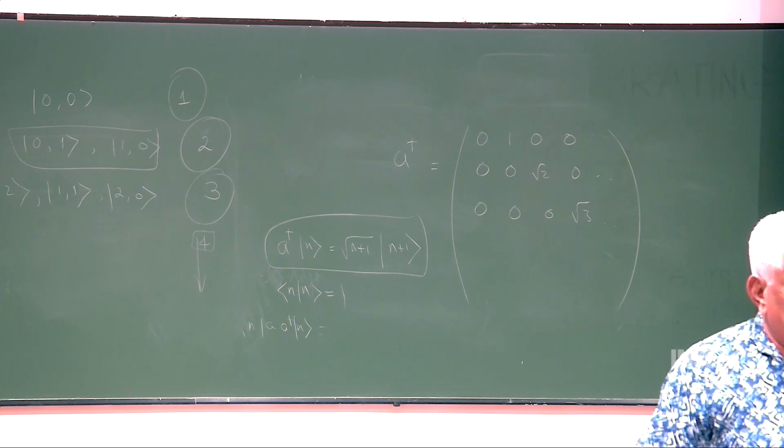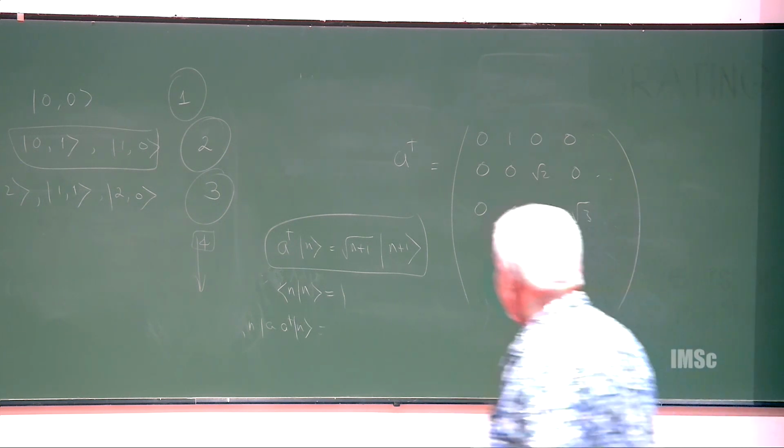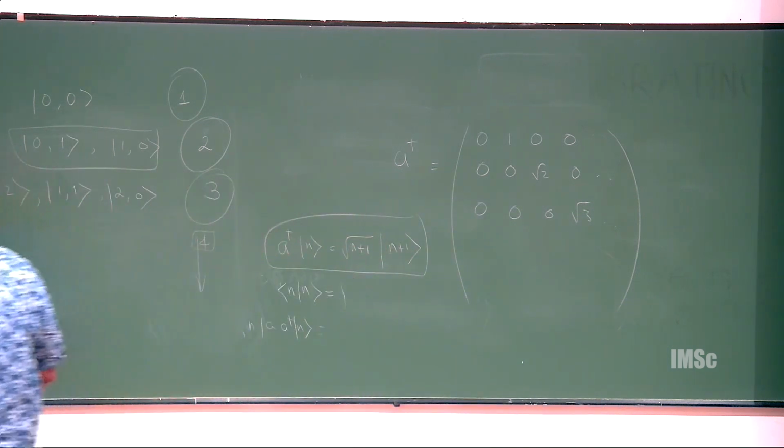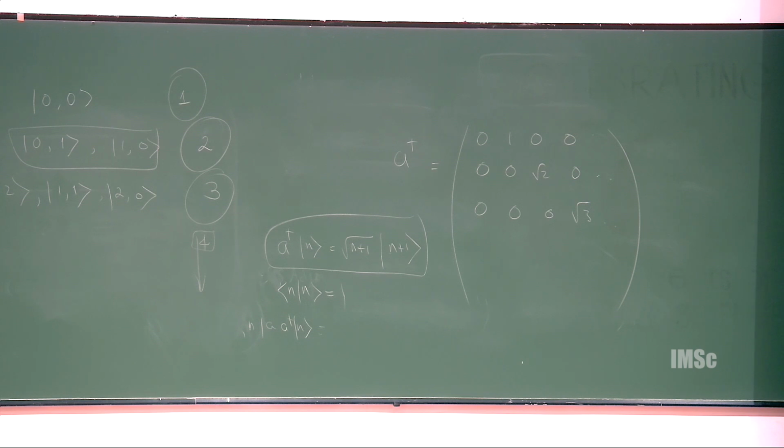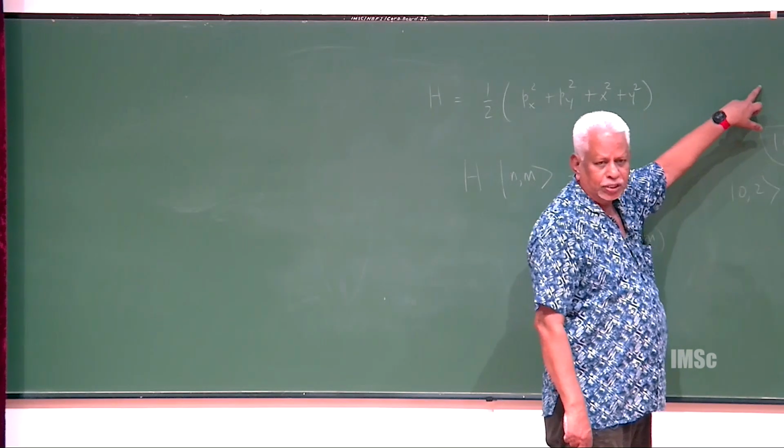In fact, if I tell you, you take this n, you take this m, you take half of n minus m. So what is half of n minus m for this? It is 0, right?